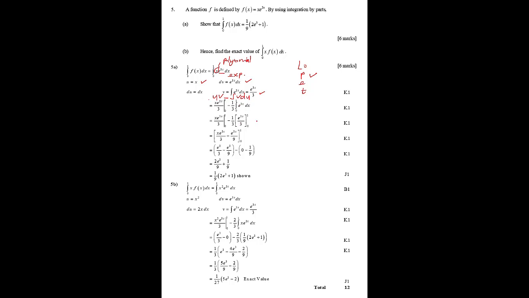After you finish the integration, you need to substitute the upper limit and minus the lower limit. And then you need to know how to simplify exponents so that your answer will be the same as the right hand side.